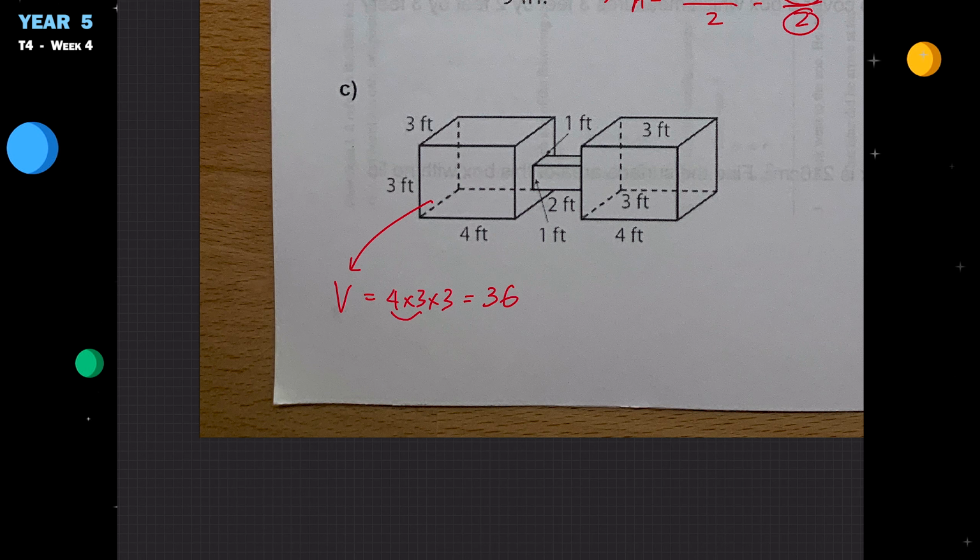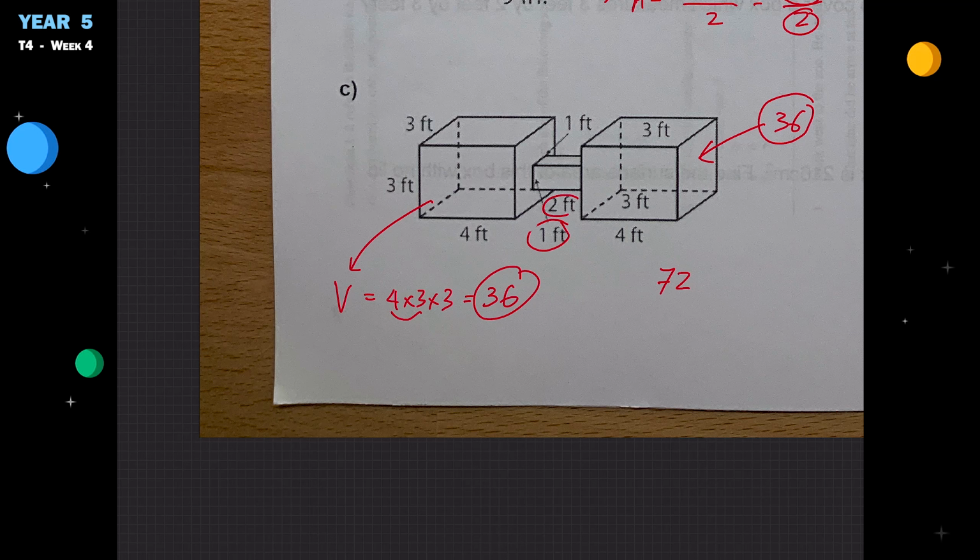Now the volume of this second piece is the same, so that should also be 36. So together, if you add these two together, you're going to get 72. Now we're going to find the volume of this middle piece. So let's find its dimensions. It looks to me like we have this number 2. This thing here is 1. It tells us here. This is also 1.